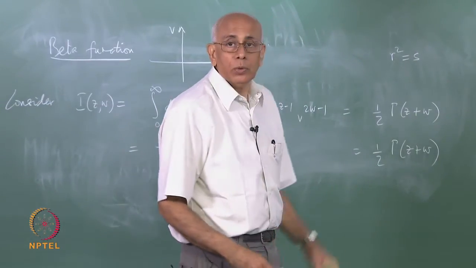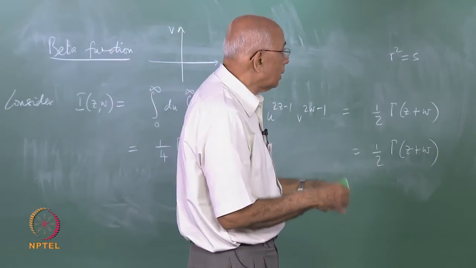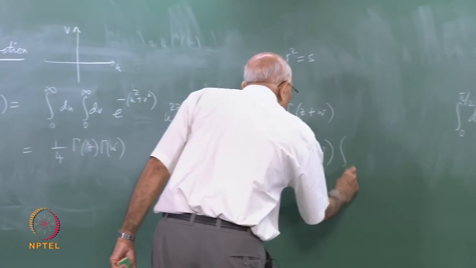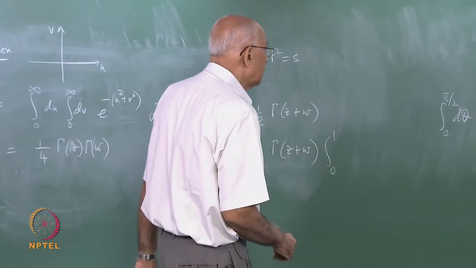When theta is pi over 2, xi is 0, and when theta is 0, xi is 1, but there is a minus sign there, so let us make this 0 to 1 and get rid of that minus sign.